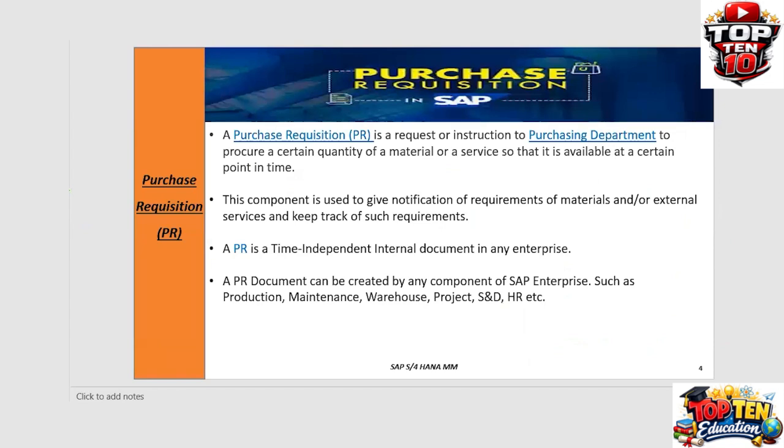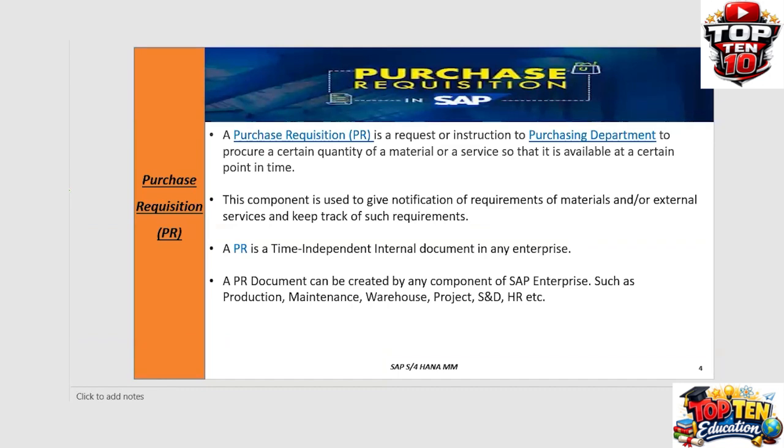Now, in the P2P cycle, the first thing has been covered. Now we are here and we are taking the first purchasing document, that is the purchase requisition. A purchase requisition is a kind of request to the purchasing department to intimate about the requirement of the different departments to procure a certain quantity of that material or of that service from external agencies.